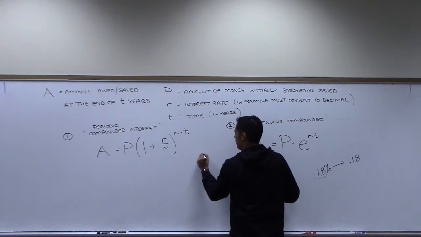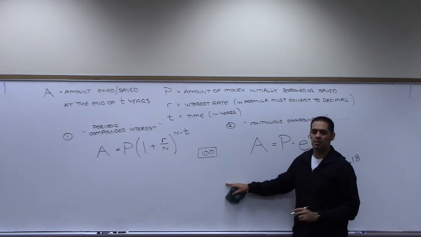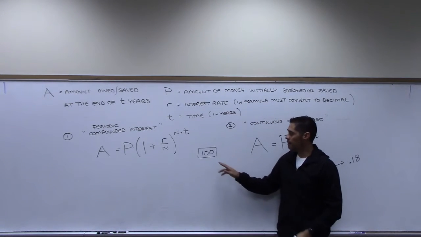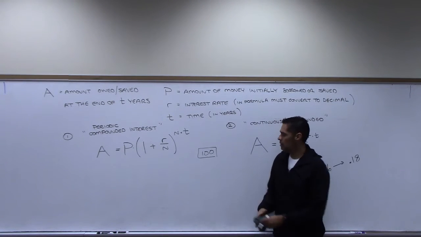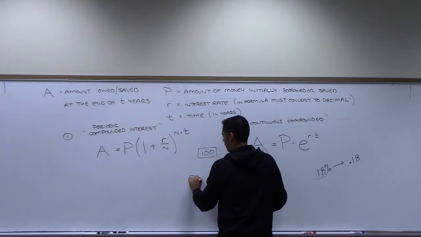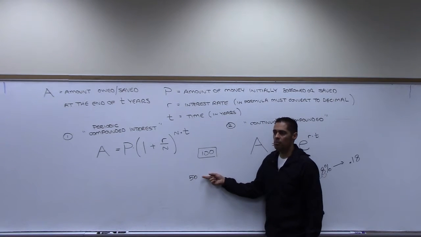On your first payment, here's the $100 you borrowed, right? When you make your first payment, they're going to take half of what you owe, which is 50, and then do not 10% of that, but half of 10% of that.